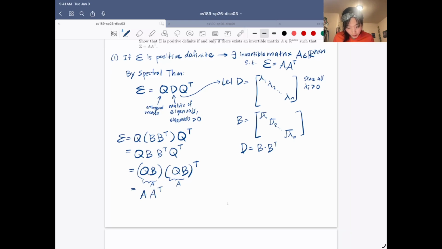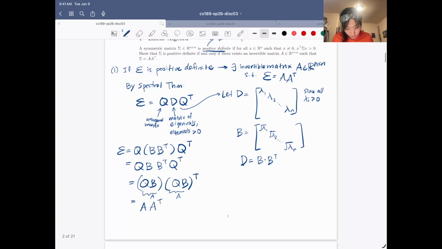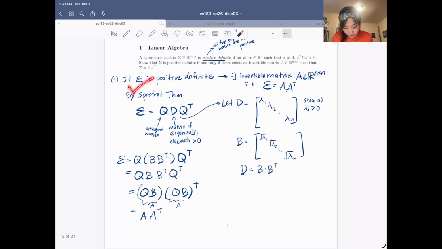And therefore, we have proven this first statement right here. If this matrix is positive definite, there exists an invertible matrix such that we can write sigma equal to A times A transpose. And we know that A, which is equal to QB, is invertible, which is what it asks for, right? It wants A to be invertible.